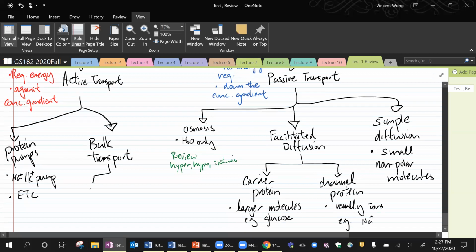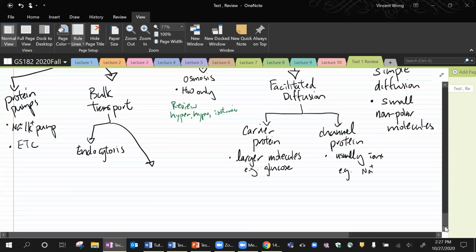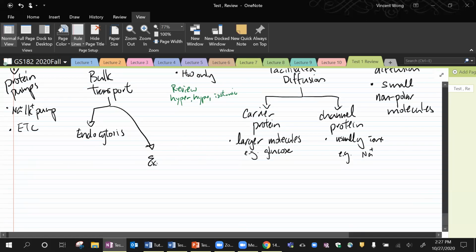For bulk transport, there is endocytosis and exocytosis. Endocytosis moves a large amount of material into the cell, whereas exocytosis moves a large amount of material out of the cell. There are three types of endocytosis.